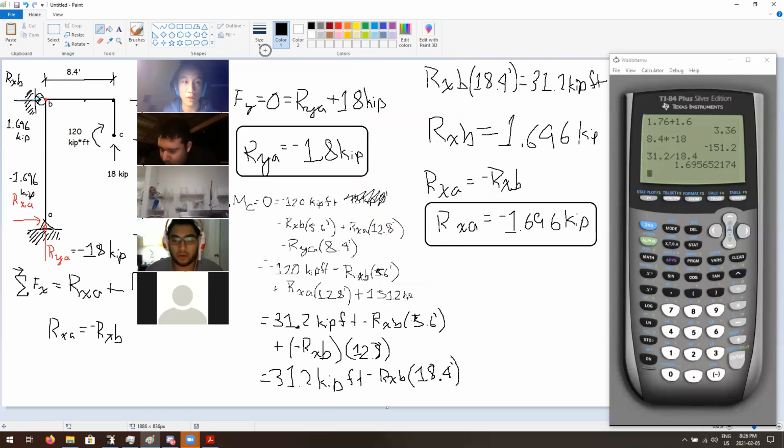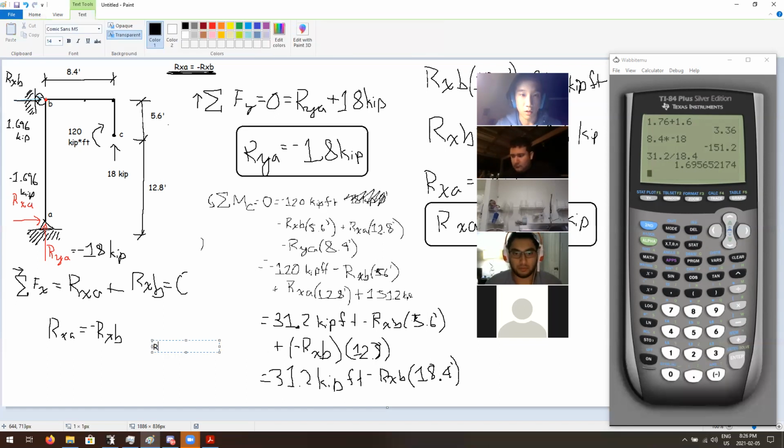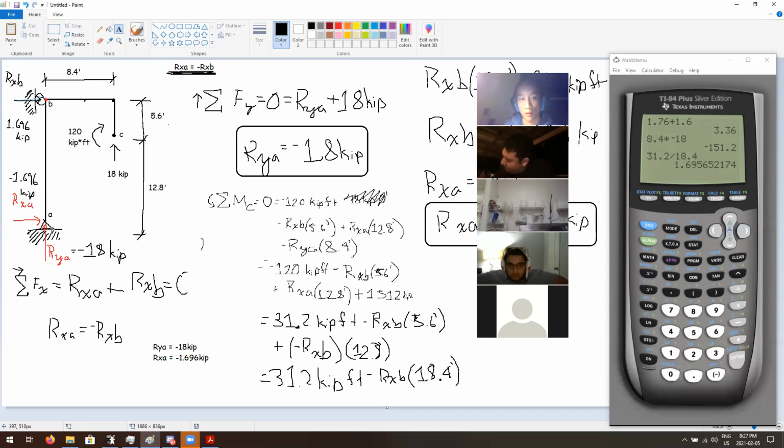Just to reiterate, RYA, what we are looking for, equals negative 18 kip, and RXA, also what we are looking for, is negative 1.696 kip. Now you can't just write this, you have to notate which way the vectors are facing.